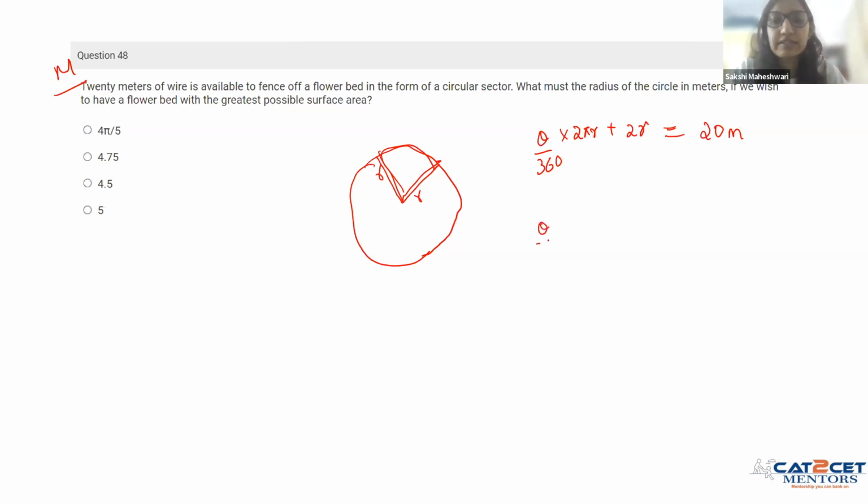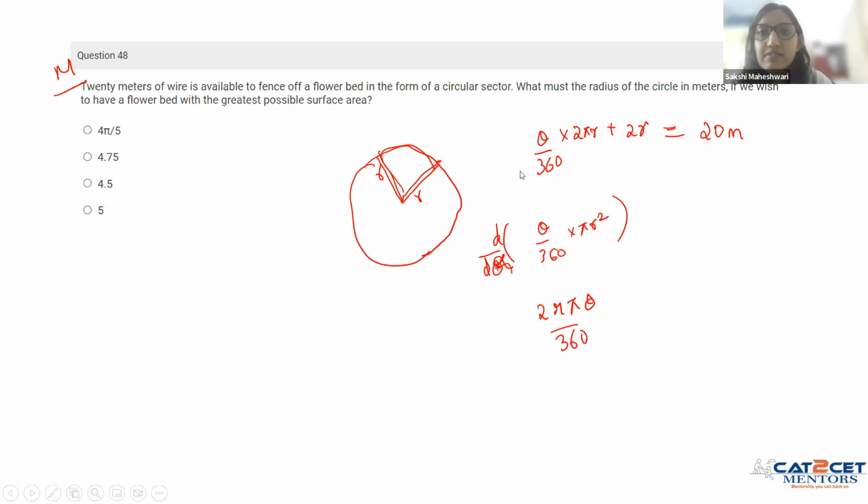So surface area is given by theta by 360 into pi r square. We need to maximize this. So to maximize this, we'll have to differentiate d by d theta. Oh, sorry, and by r. So this will be 2r pi theta 360. Wait, one second. This has to be maximized.